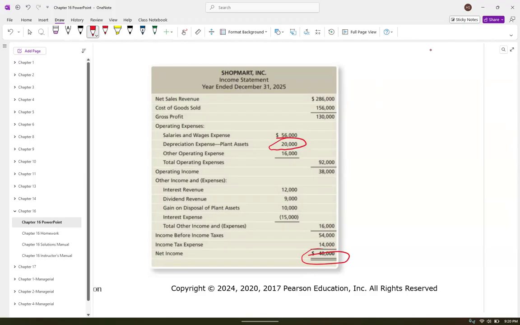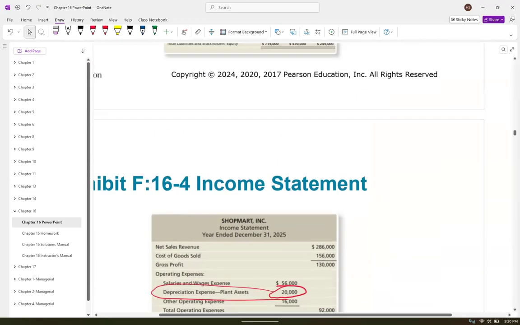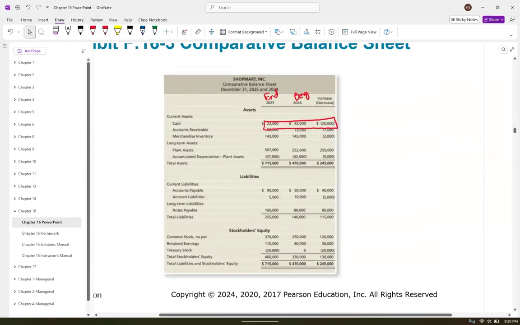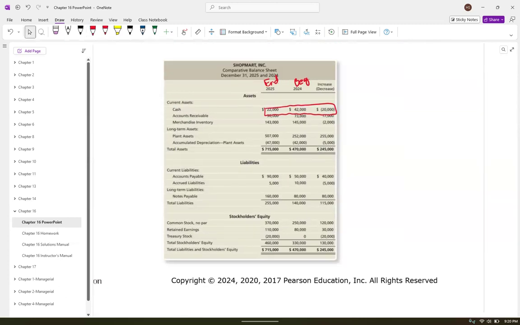Oh, there is this gain on disposal of plant assets. We would need that as well. I didn't mention that earlier, but we'll take that into consideration as well. Okay. We have this comparative balance sheet. We don't do anything with the cash because that's the whole statement. That's the entire statement that we're looking at.